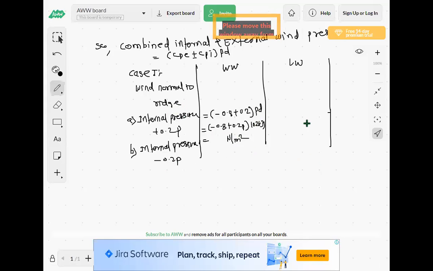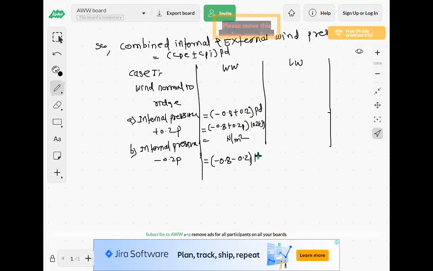So we will get here 4 answers now. Tell me the calculation. Minus 0.8 plus 0.2p. Similarly here, CPE minus 0.8. Now here we have used plus 0.2p. Now here we are using minus 0.2p. Minus 0.2 into PD.